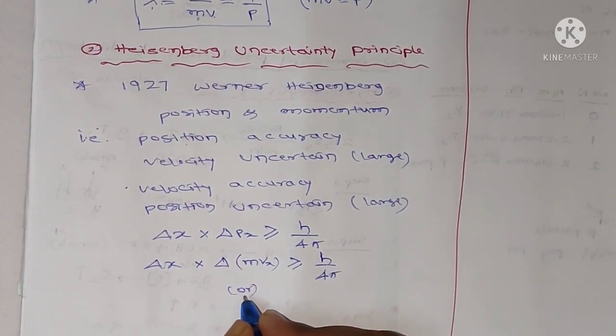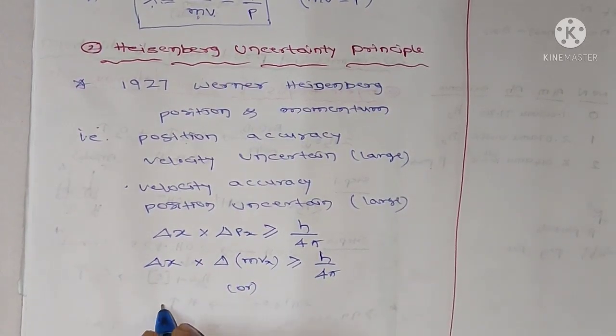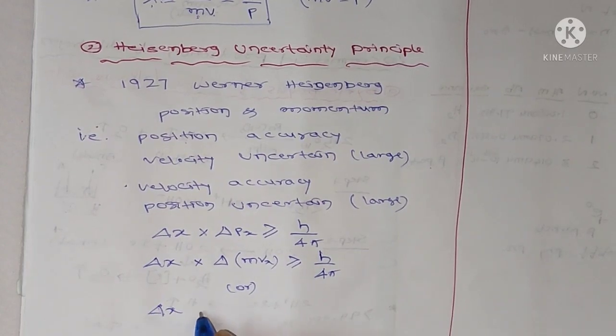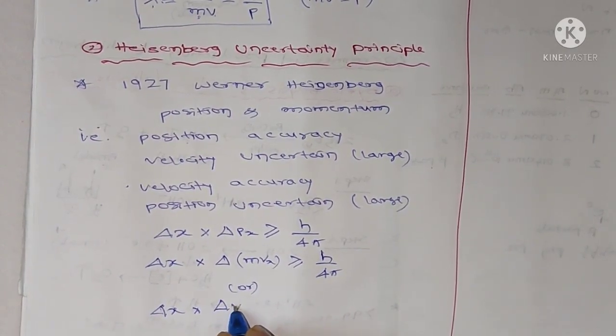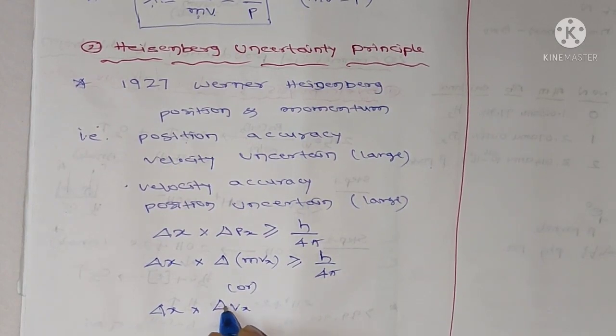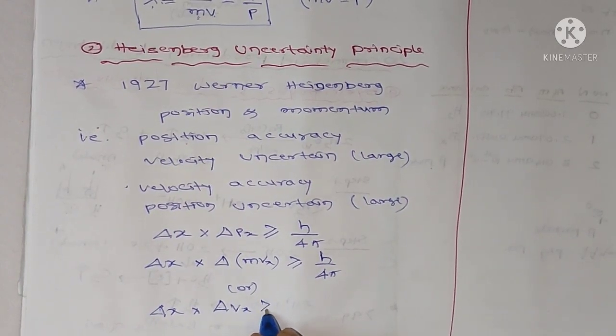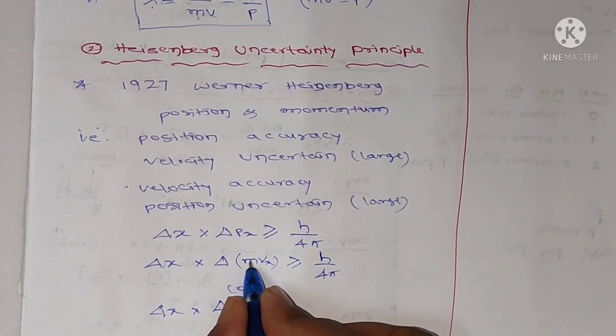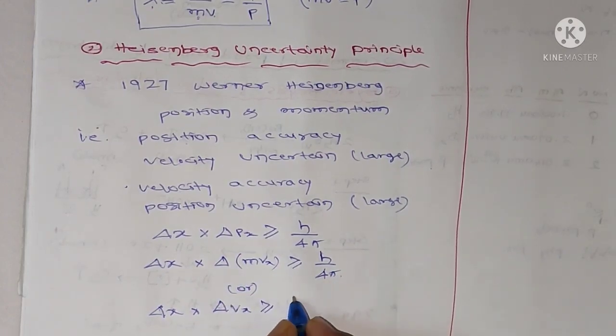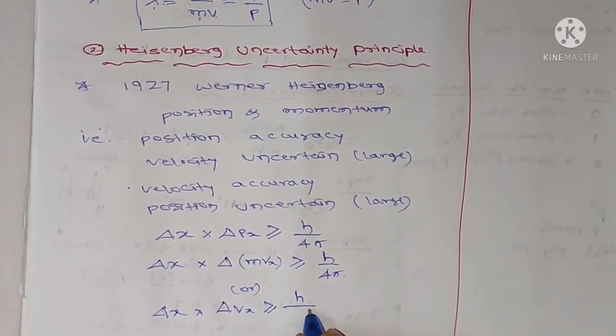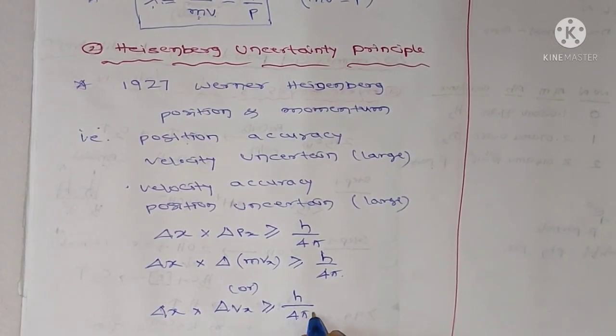Or delta x into delta vx greater than or equal to h by 4 pi m.